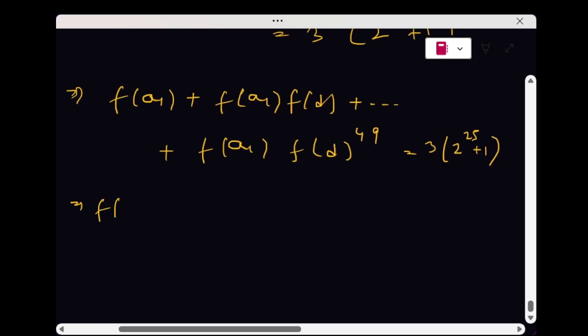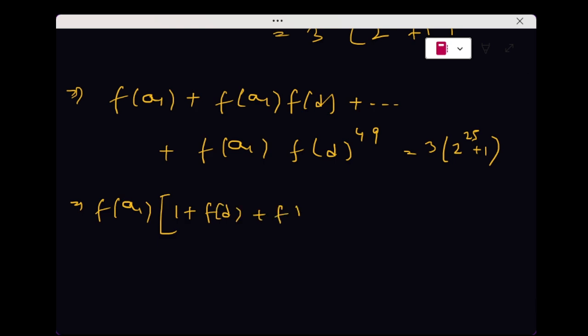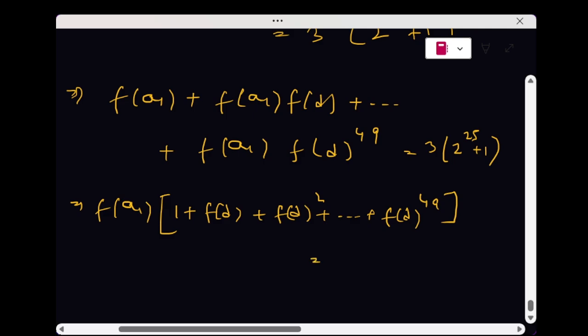Taking common f of a1 from the LHS, we get 1 plus f of d plus f of d squared up to f of d to the power 49. This is equal to 3 into 2 to the power 25 plus 1.